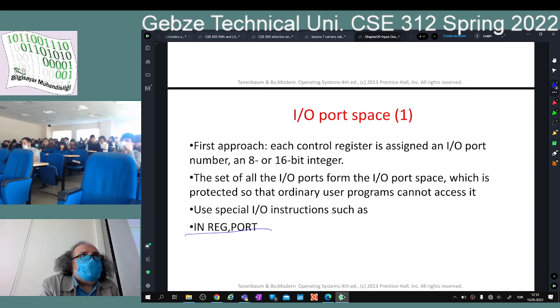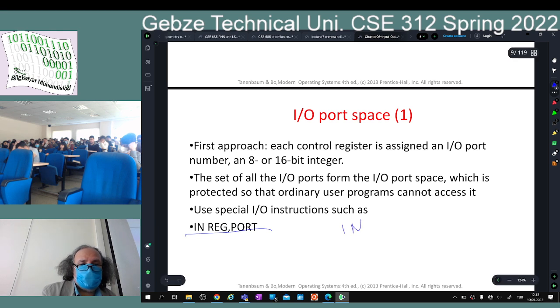If I am writing the device driver for, for example, the keyboard, I know all those port numbers, and if I like to get something from the keyboard, then I just read it. So I have special instructions for reading and writing with the I/O devices, in and out. This method is called I/O port space instructions. This is one way of doing it.